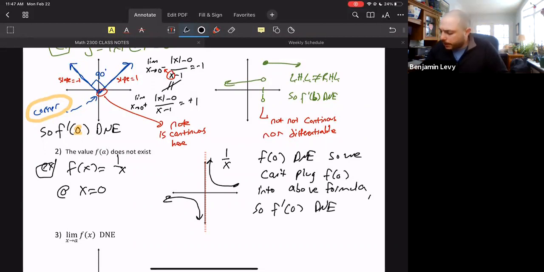If we can't carry out that formula, then we can't calculate the derivative. Again, we've seen this before. Let's just remind ourselves of that word. This is called an infinite discontinuity, just because it goes to infinity at that location.